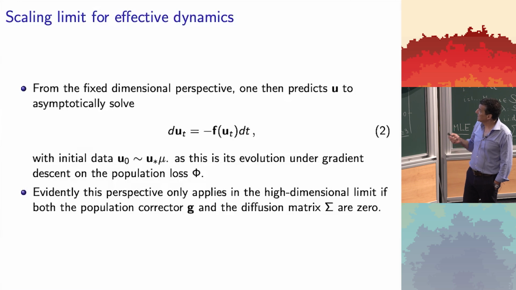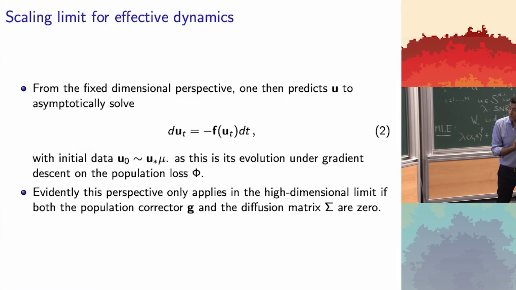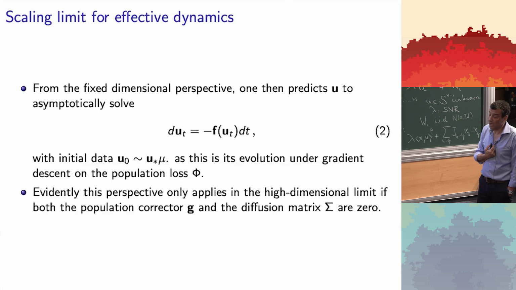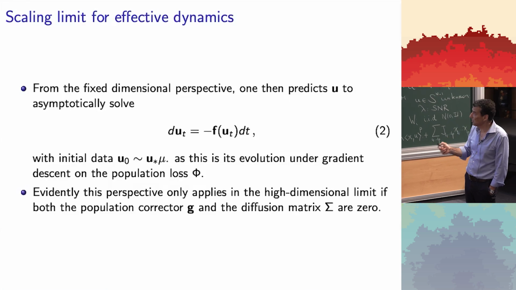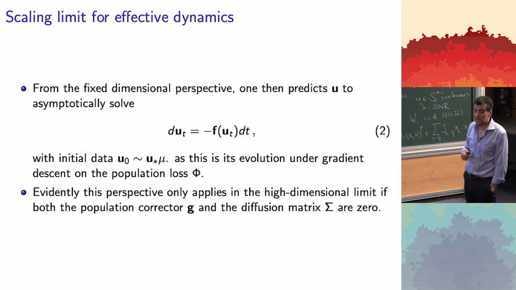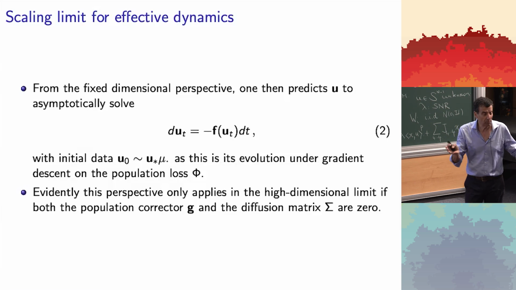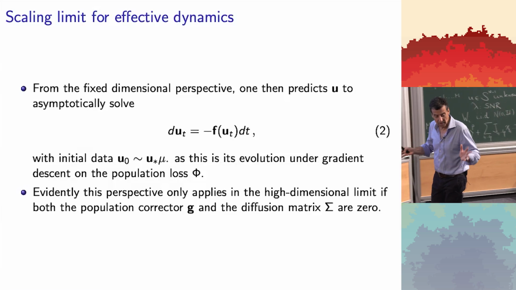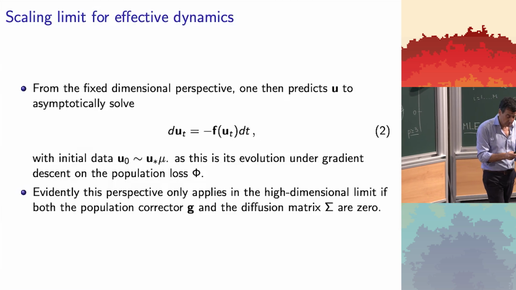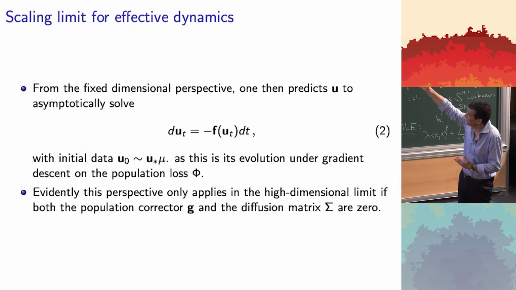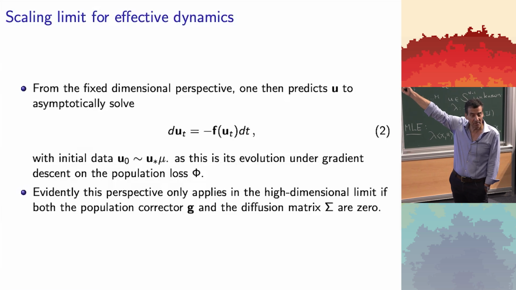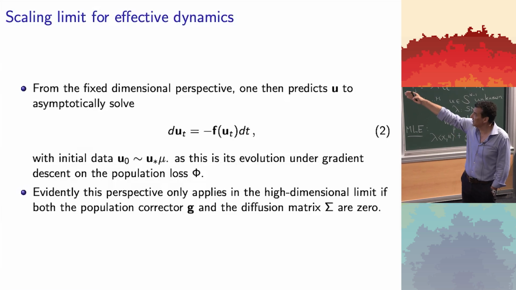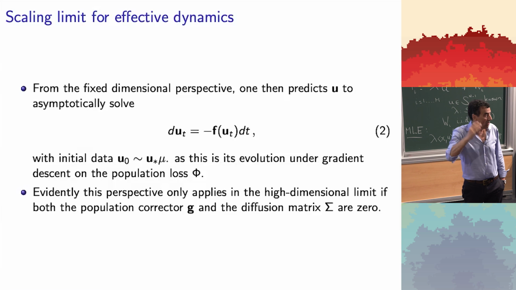This perspective applies to what we do in the high dimensional situation when the population corrector g and the diffusion matrix sigma are 0. So we have a result which seems to be much wider than what happens in the classical regime. But this should be the canonical thing that happens. The appearance of a g and of a sigma should be bizarre.